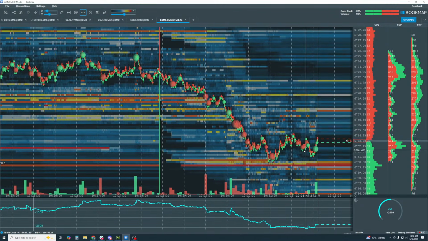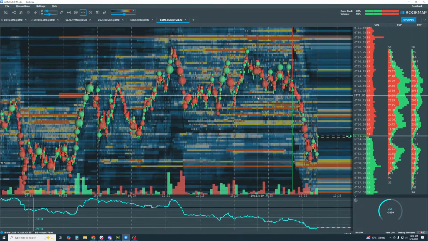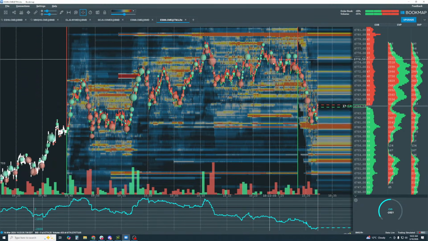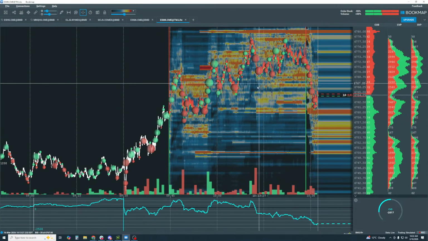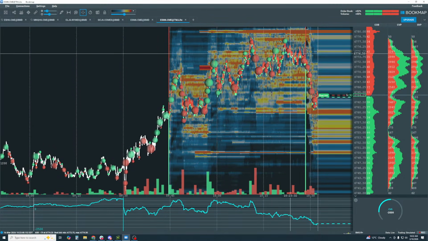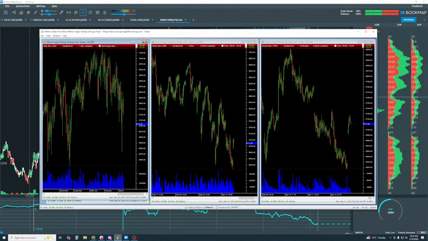What I find curious in here is this. Actually, if we zoom out here, this isn't curious to me. When we zoomed out, we saw some selling in here and some selling in here, but we're still in this uptrend. There's no real level in here.